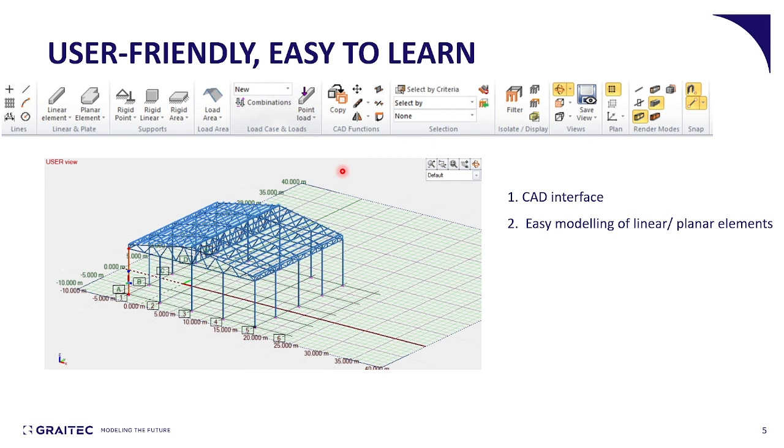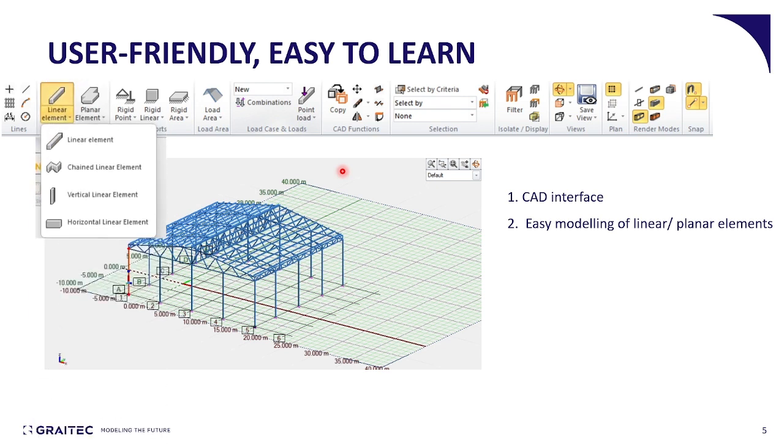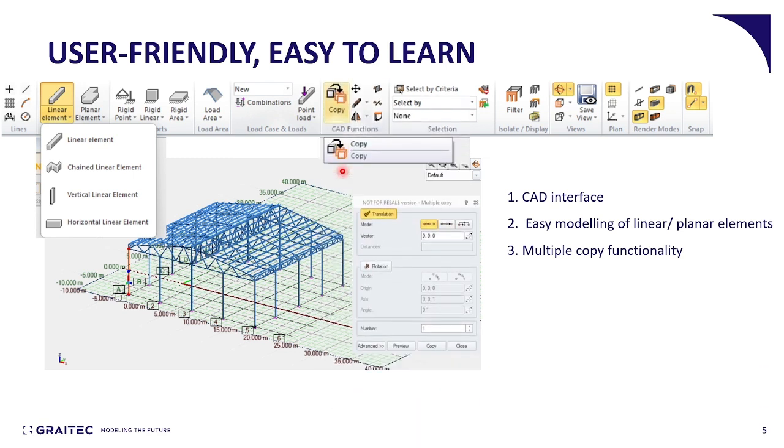The user can benefit from the easy modeling options of linear and planar elements, options to create vertical or horizontal elements, the same for the planar elements, vertical and horizontal planar elements, using literally one point to create them. The functionality of copying elements can also be used to create an array of different structure elements.